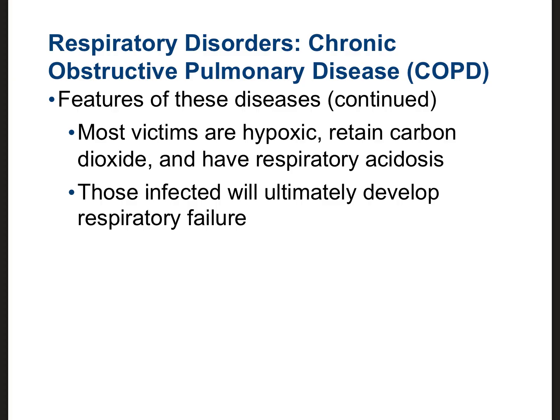They retain carbon dioxide, and because they're retaining carbon dioxide, they exhibit respiratory acidosis. Ultimately, they will develop respiratory failure. That's the ultimate outcome, and it's progressively severe over time. It could be a year, it could be 40 years, depending upon the severity of the disease.